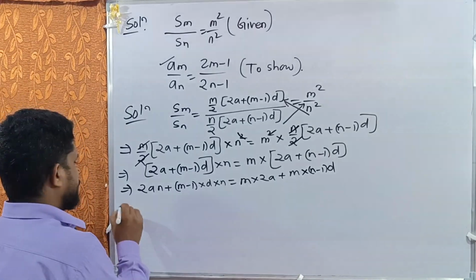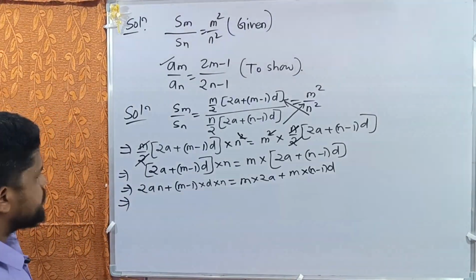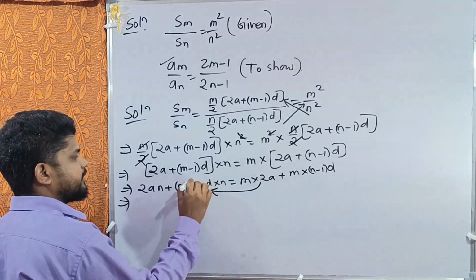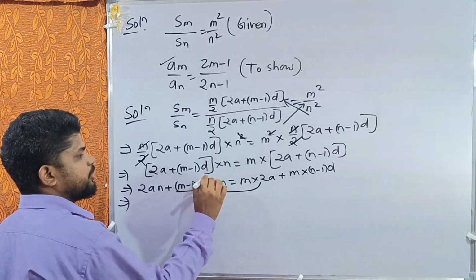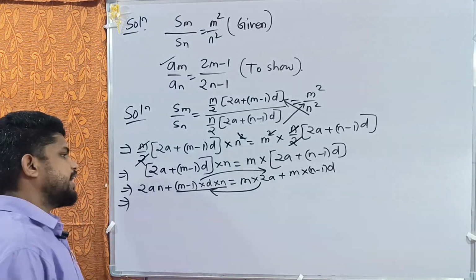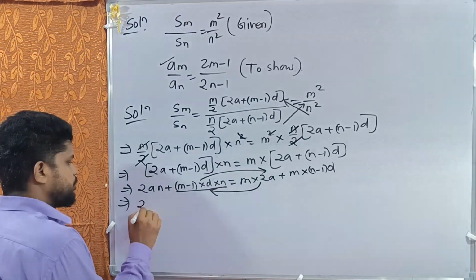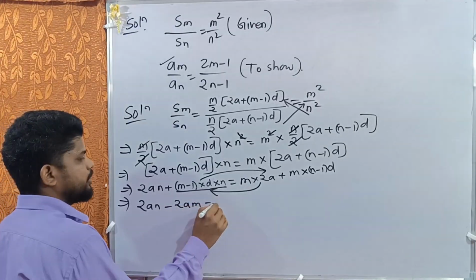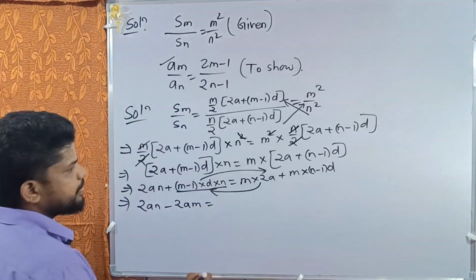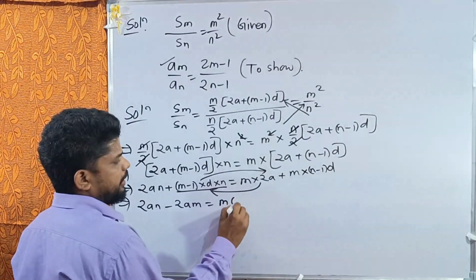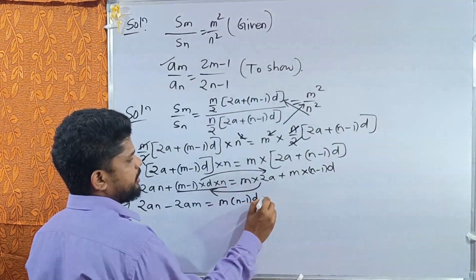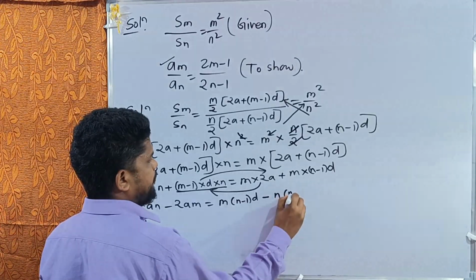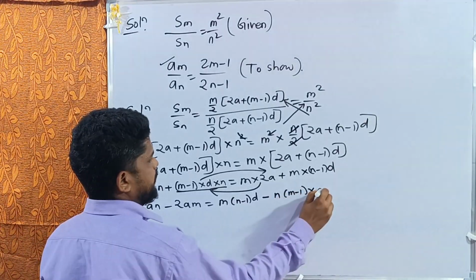Now when we transpose this term and the complete expression to RHS, we will get 2an minus 2am equals m into (n minus 1) into d minus n into (m minus 1) into d.